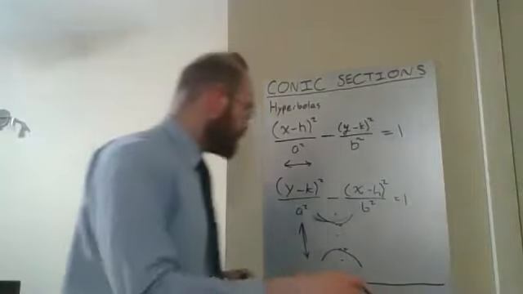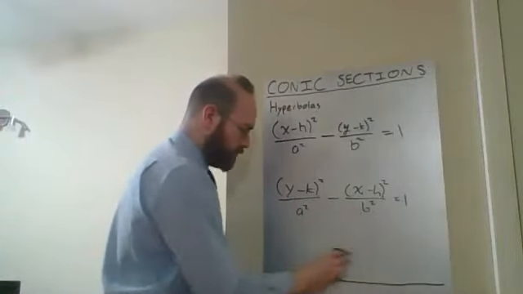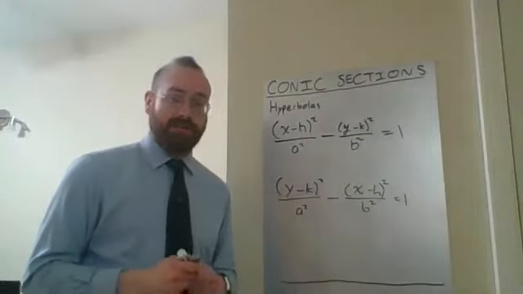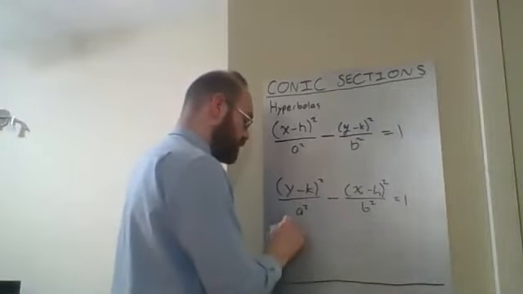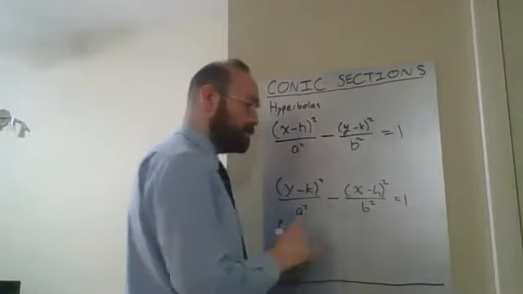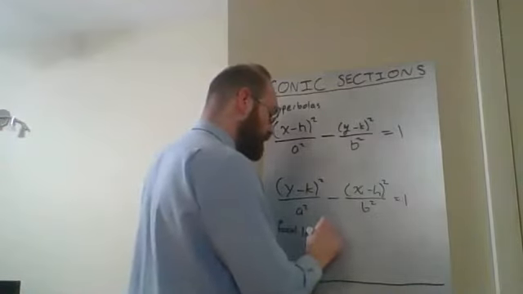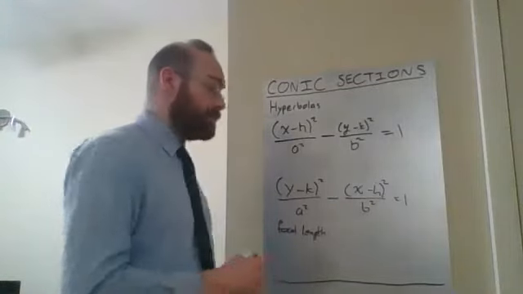So I'm going to erase some of this real quick because there's still one more relationship. That's how we find our focal length. So if you recall from the last video about ellipses, I said that ellipses and hyperbolas have different formulas for the focal length.